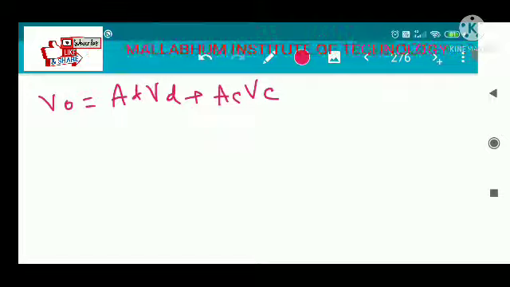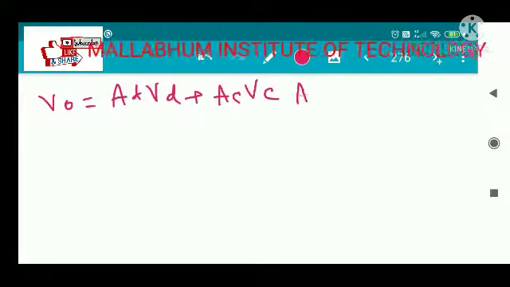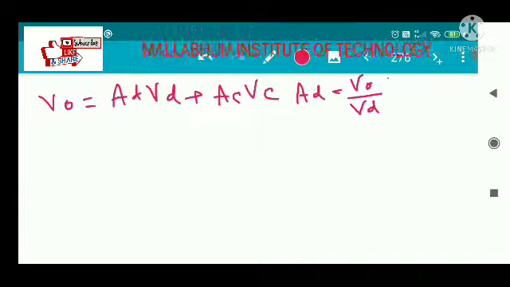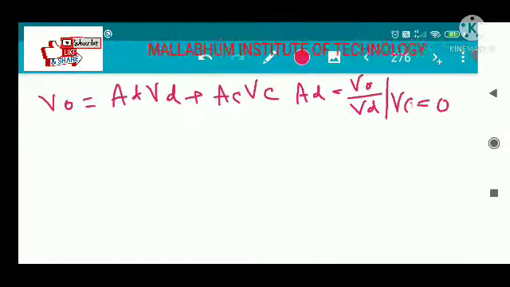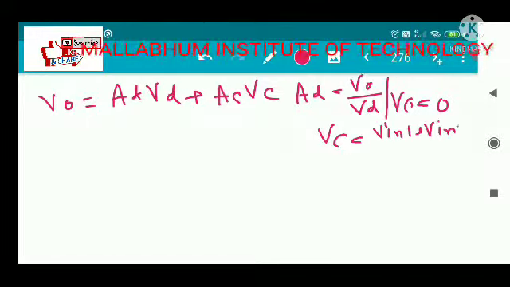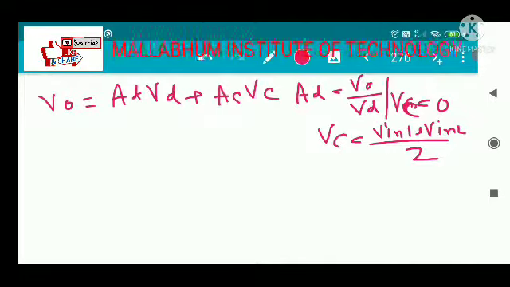Here we have calculated AC, so next we want to calculate the AD. So AD will be nothing but V0 divided by VD when VC equal to 0. Previously we have calculated just the opposite. Now VC will be nothing but Vin1 plus Vin2 divided by 2. So we put VC equal to 0.